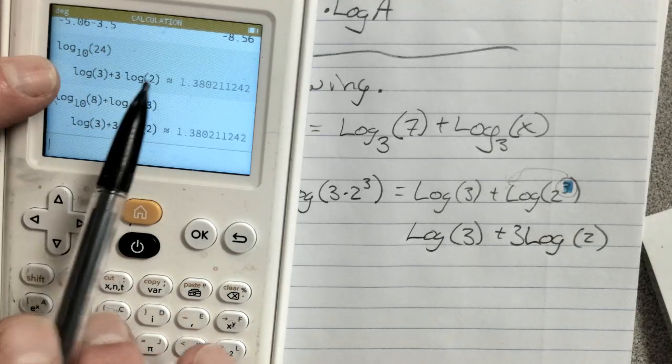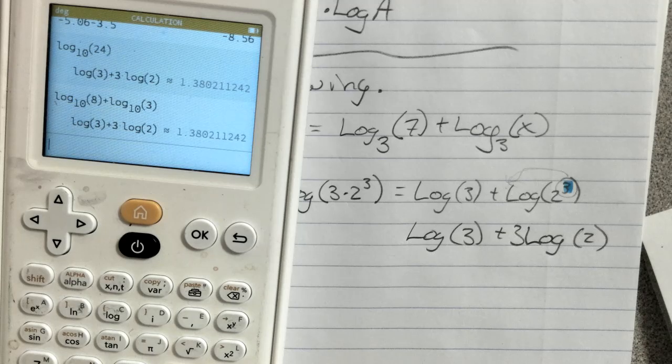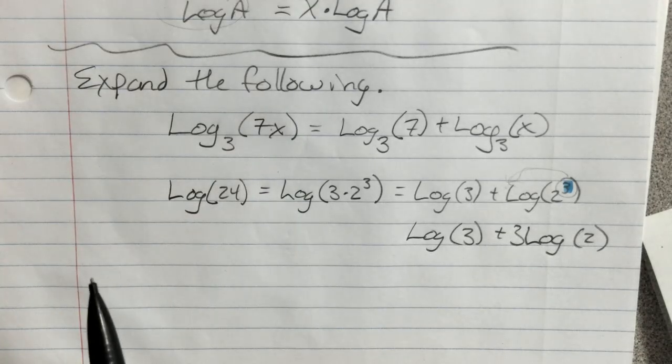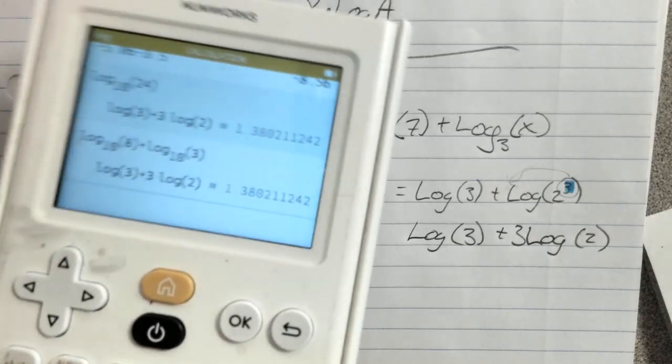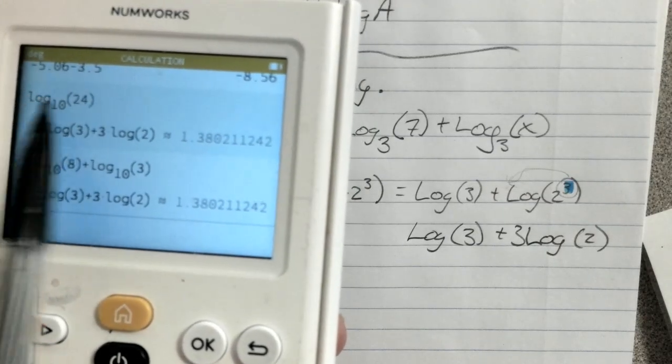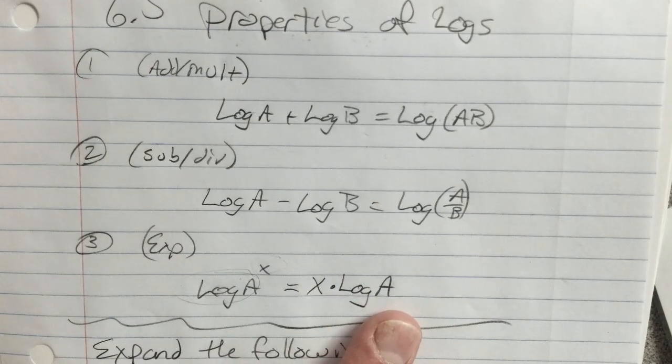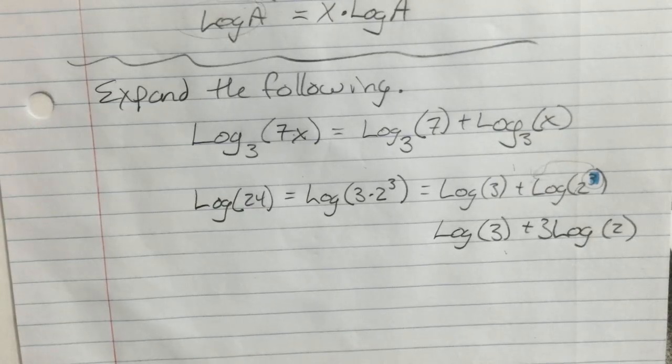Log base 10 of 3 and 3 times log base 10 of 2. Anybody see that? It's the same thing. So how did this calculator go from this to this? It followed these steps, right? And used these properties. And that's it. And somebody a lot smarter than me wrote the program to calculate that.